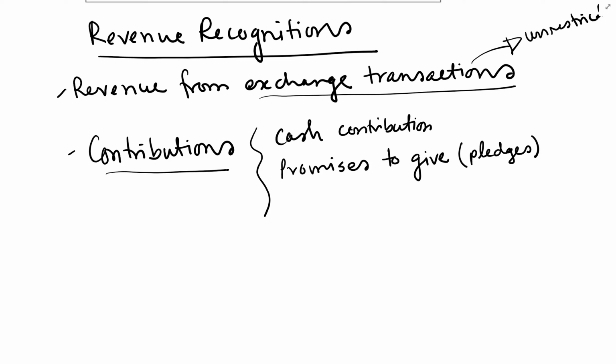A contribution basically means that you are receiving cash or assets, and the donor should not have any obligation to donate. That means this type of transfer is completely voluntary, and it should be non-reciprocal. That means donors are not getting anything in exchange, right? So these are voluntary donations, and that could be in different forms.